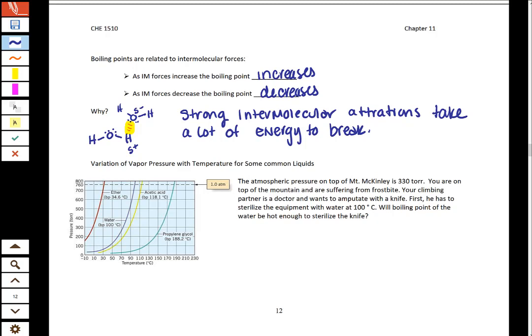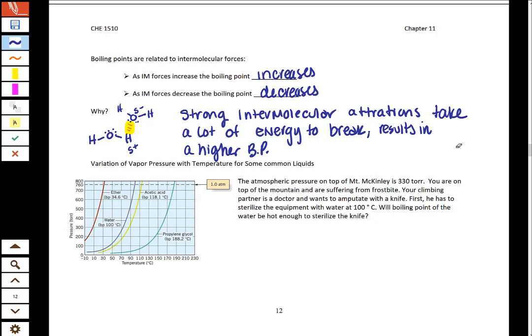So they take a lot of energy to break, and that results in a higher boiling point. And when you get to organic chemistry, we'll expand upon this. We'll have a great, like 5-sentence long answer, but this is perfectly fine for General Chemistry 1.